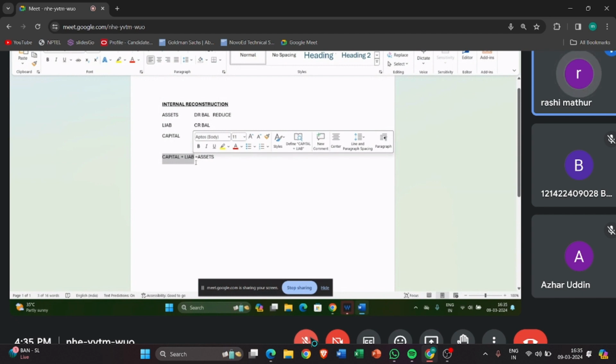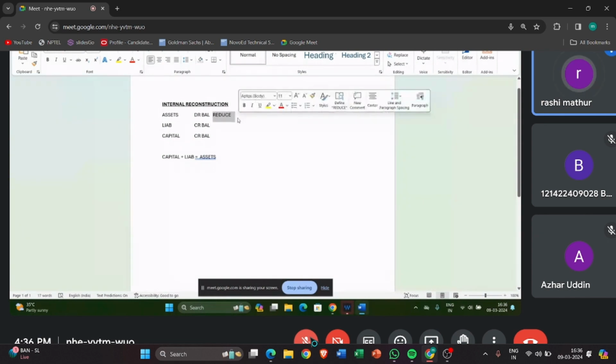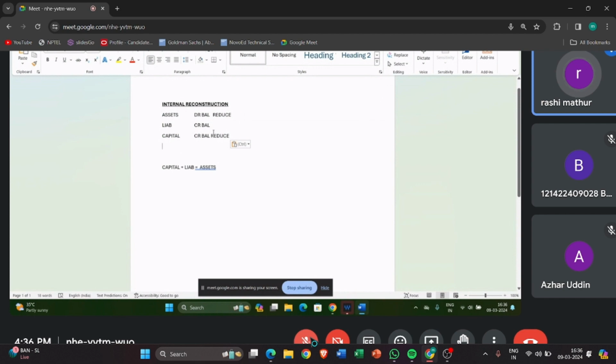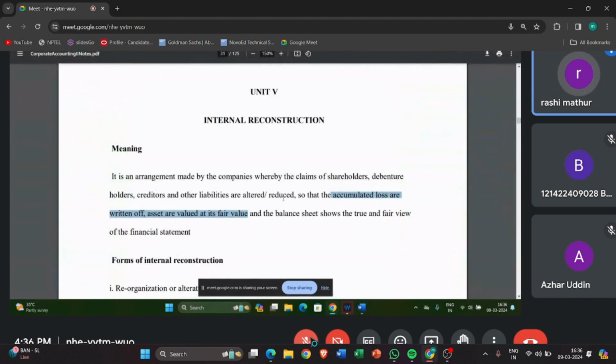If I reduce one and I don't reduce the other, my balance sheet will not tally. It will not be correct. So as to not affect the balance sheet, I will reduce the assets by reducing my capital. That is, first the shareholders will agree for a reduction, and I may also ask my creditors that I will reduce your share as well. So what is internal reconstruction? It is reduction.